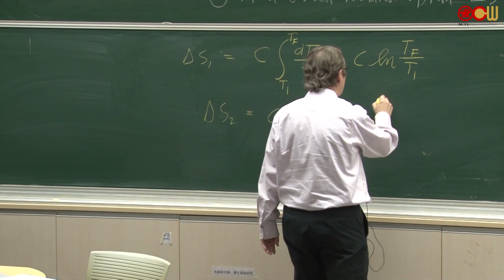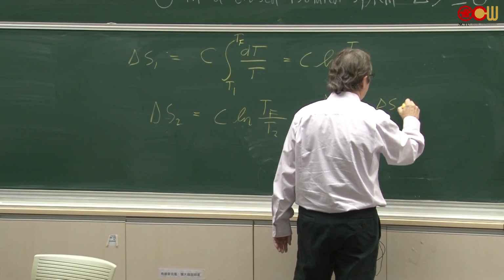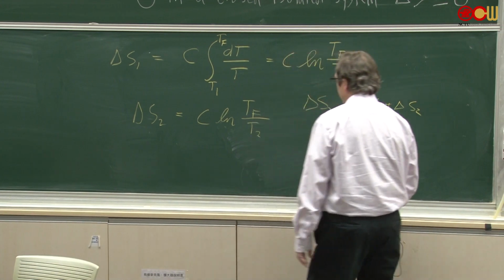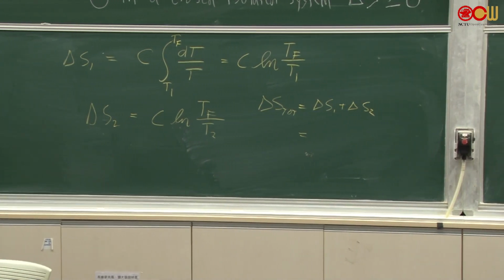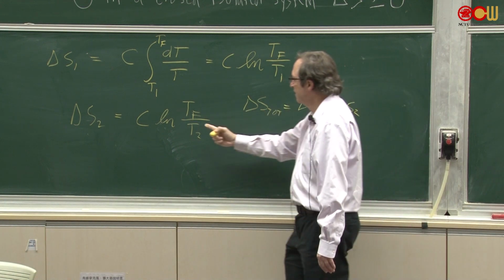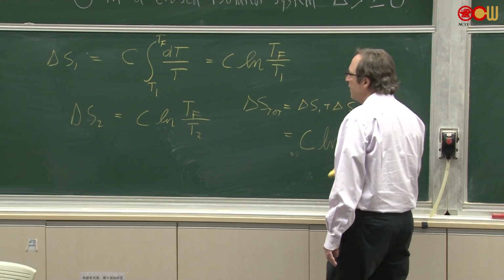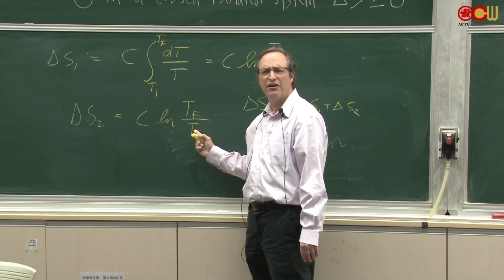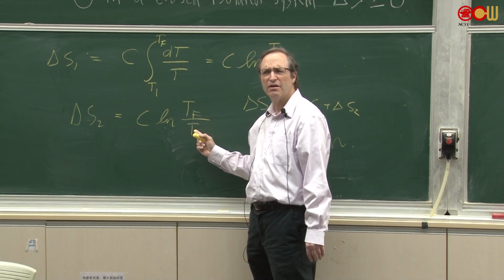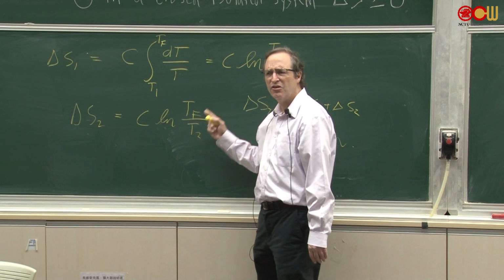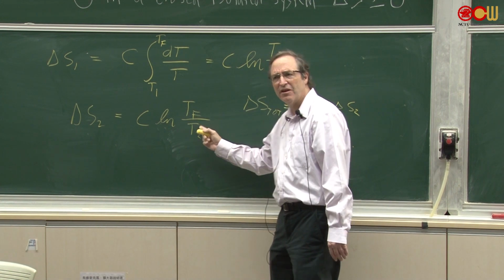What's delta S total? Delta S1 plus delta S2. If I add this to this, what do I get? Now, if you add two logs together, you multiply what's inside, right?